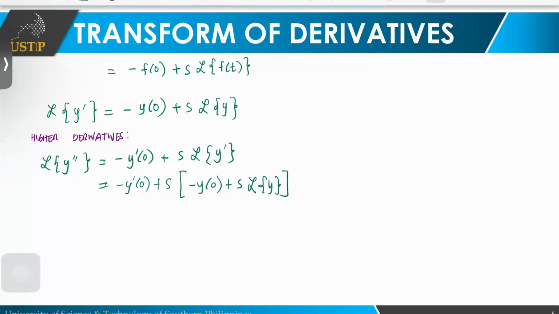Okay, so ato lang na-simplify gamay. We have negative y prime of 0 minus s times y of 0 plus s squared times the Laplace transform of y. Okay.